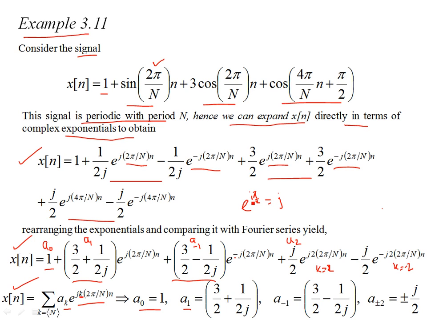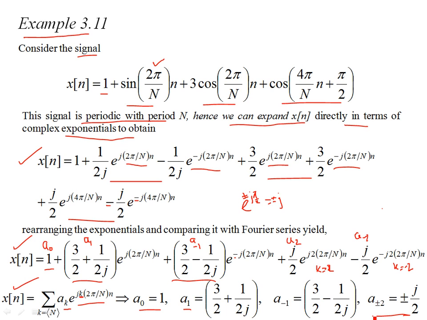And if it comes with the minus sign, then it becomes minus j. So e^{±jπ/2} is plus or minus j. There is a minus sign over here as well. So you see this becomes minus j over here. So for a_2 and a_{-2}, a_{±2} is ±j/2.